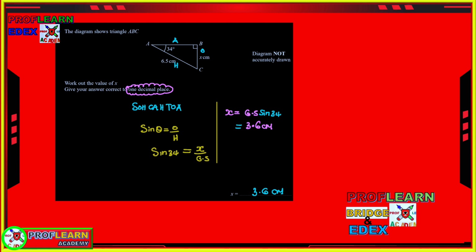So in that case, the angle that we are talking about is 34 degrees and the side we are finding is the opposite, so we are going to use sine theta equals opposite over hypotenuse. So sine 34 is equal to x over the hypotenuse, which is 6.5. And if you work it out, you are going to get your answer being equivalent to 3.6 centimeters.